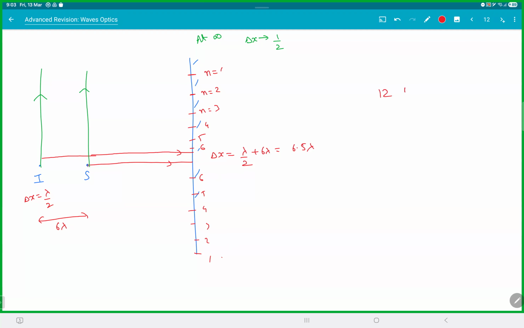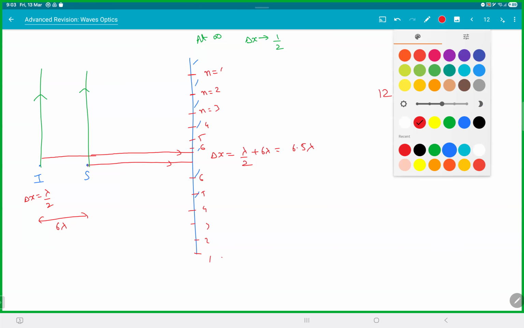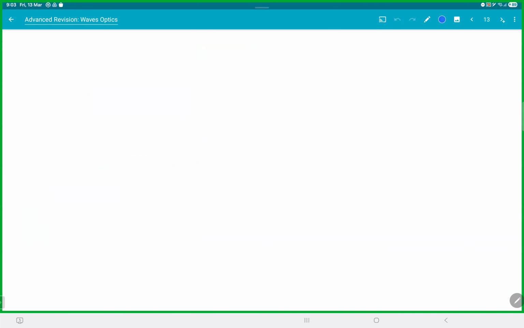They have 12 maximas. Is that making sense? If you just want the number of maximas, this is the fastest way to calculate. All sure with this? Clear? So using this logic, let's do this question. This also we did in the class notes, so a good one.